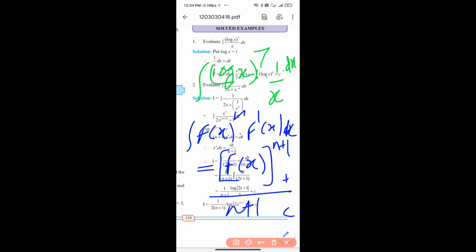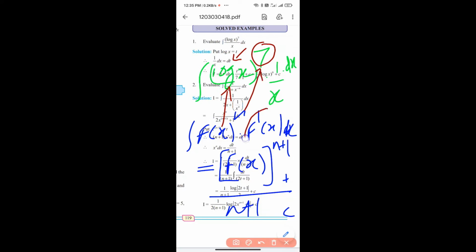Okay, so now we can relate this. This is the function that we have, this is the derivative of the function. So for this question, log x is in the place of f of x. The n is 7 over here.